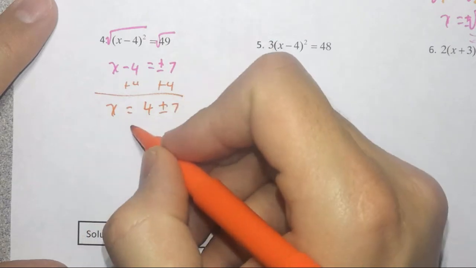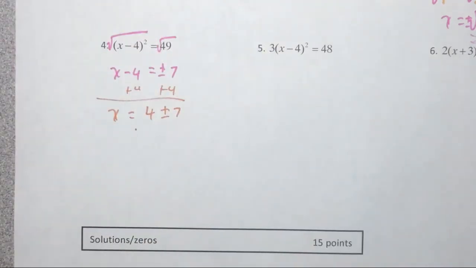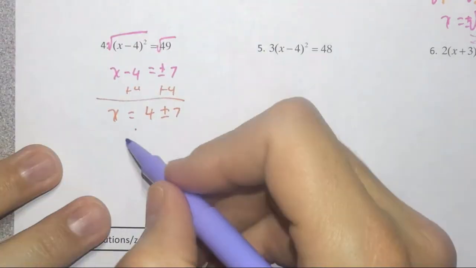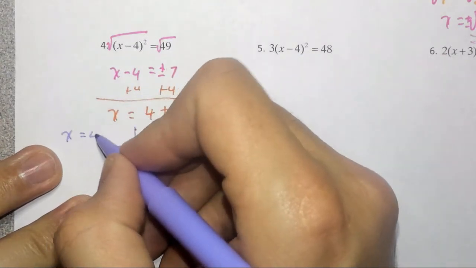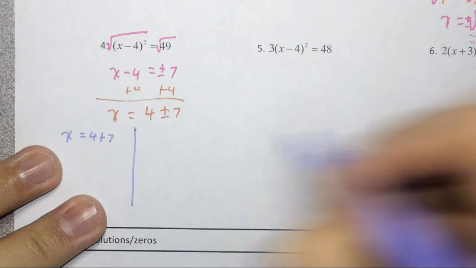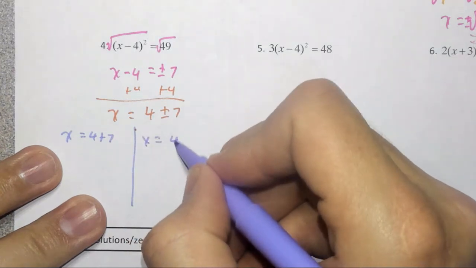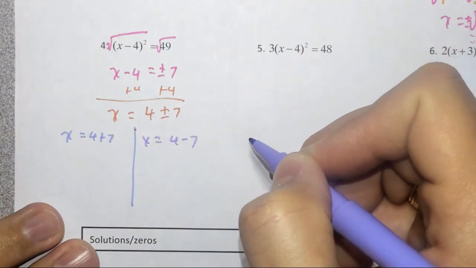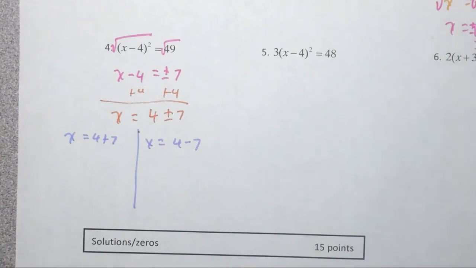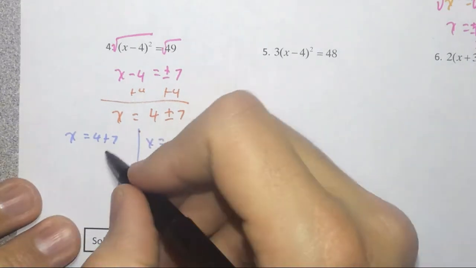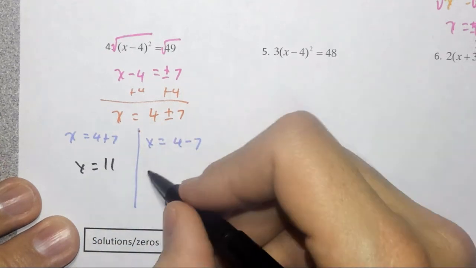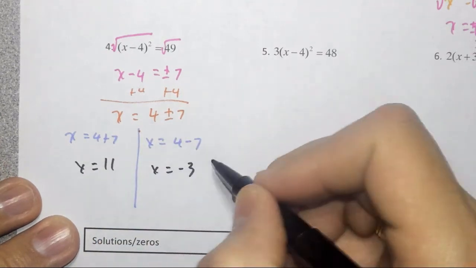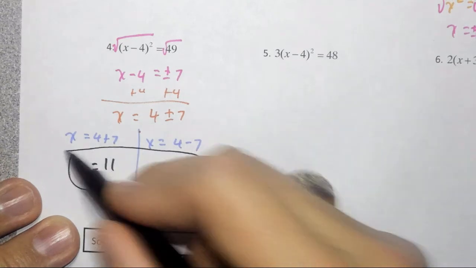So I'm going to split this up into 2 different problems. I'll put a line there. x equals 4 plus 7, and x equals 4 minus 7, and then I solve that. When I solve that, x equals 11, x equals -3. Those are my two answers right there.